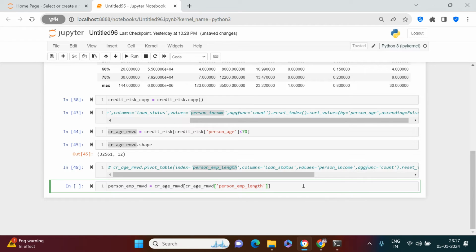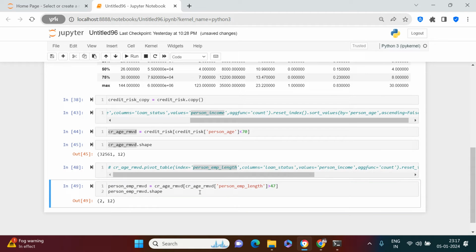If that is greater than 47 years, then I'm going to delete that record. Are you with me? Dot shape, let's see. Oops, why is it saying just two records? No, sorry, here I need to keep those records. I'm not deleting it. I'm saying wherever the length is less than 47 years, just keep them only.